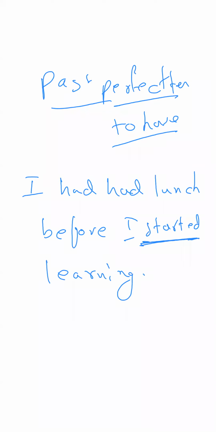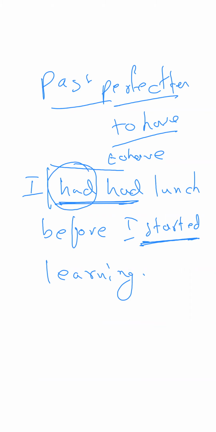Started is the verb in question here, and had is the past perfect tense of the verb to have. To have in past perfect tense is had. Now, some conventions omit a had, but I want you guys to know that if you see two hads like this, it need not be wrong. You have to think past perfect tense of the verb to have.